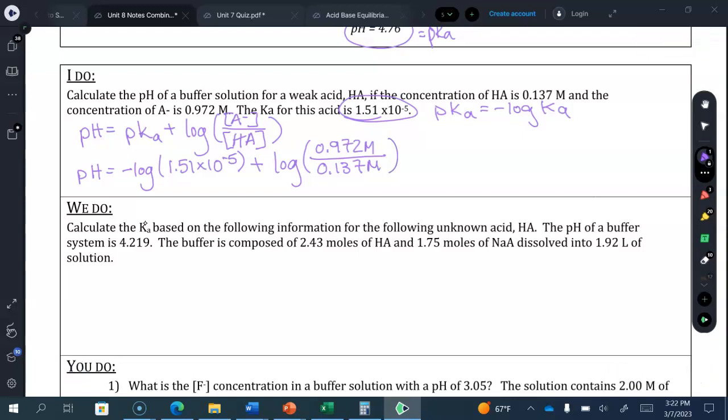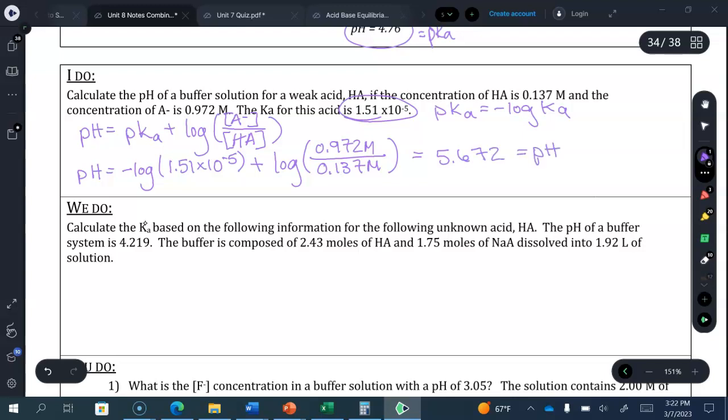Plugging these into our calculator, we should get that this whole thing is equal to 5.672, which is our pH of this buffer system. And this is using a calculator. We take the negative log and then add it to the other log.